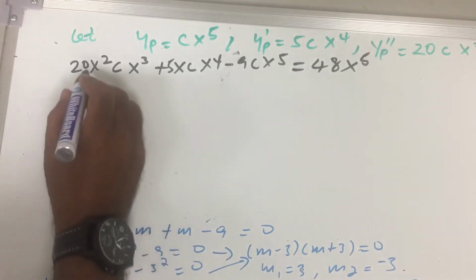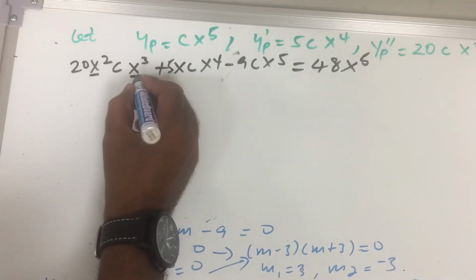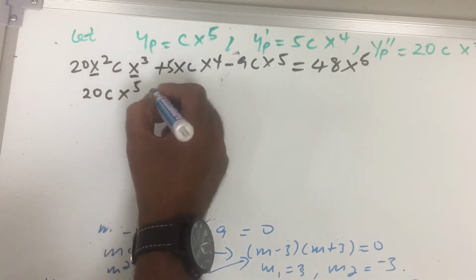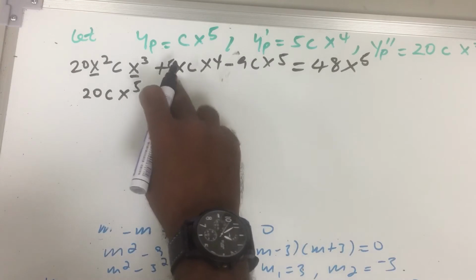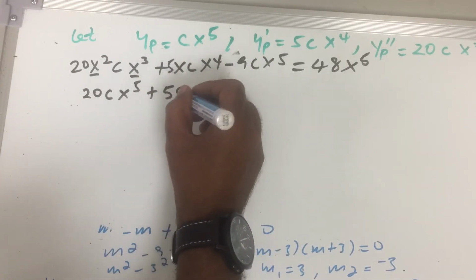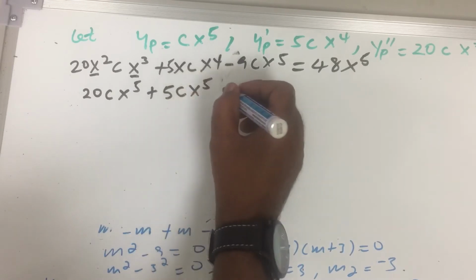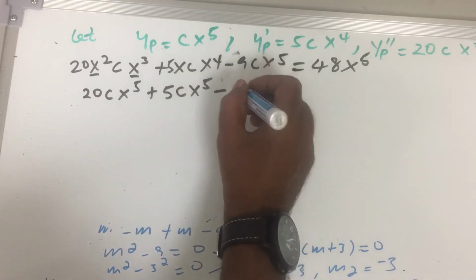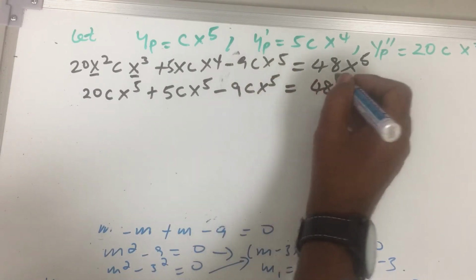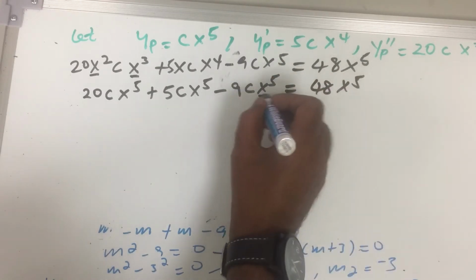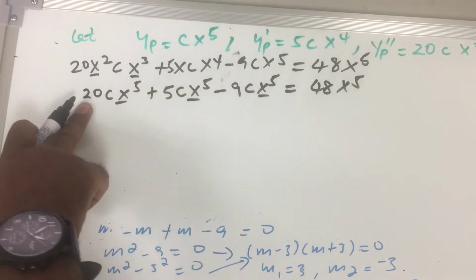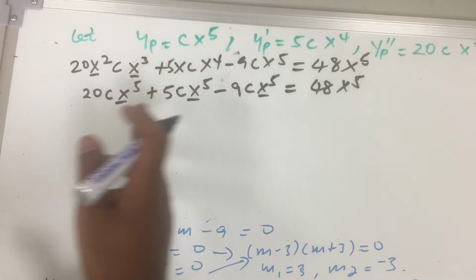If you simplify it, x squared times x cubed becomes 20c x to the power of 5, plus x times x to the power of 4 becomes 5c x to the power of 5, minus 9c x to the power of 5, equal to 48 x to the power of 5. All are similar terms, and we have constant coefficients: 20c, 5c, and minus 9c.